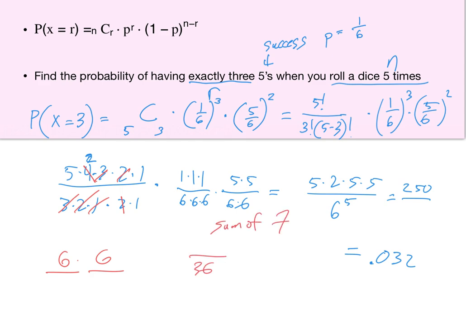A sum of 7 on 2 dice is the most common outcome, because it could happen as 1 and a 6, 6 and a 1, 2 and a 5, 5 and a 2, 3 and a 4, 4 and a 3. And that's it. There are 6 ways that you can get a sum of 7 if you roll 2 dice.